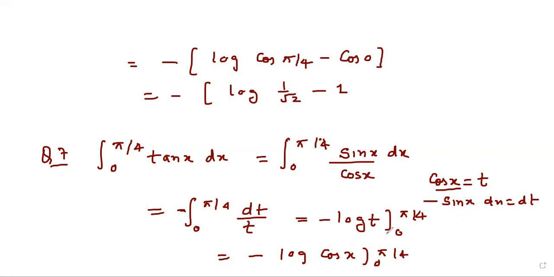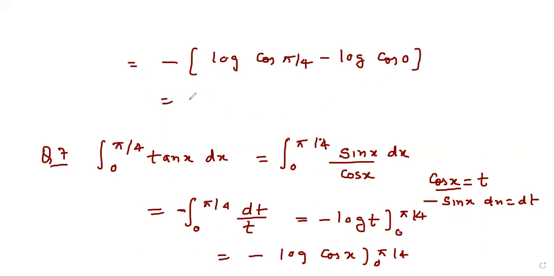Sorry, here I have put wrong limit. So it will become minus of log cos pi by 4 minus log cos 0. Cos pi by 4 is 1 upon root 2, and cos 0 is 1, so this is log 1, and log 1 is 0.